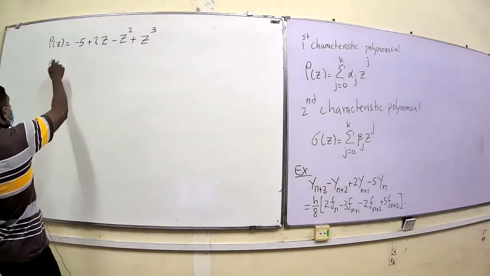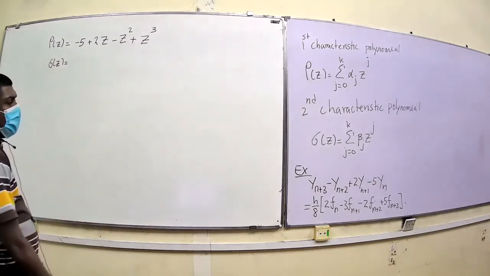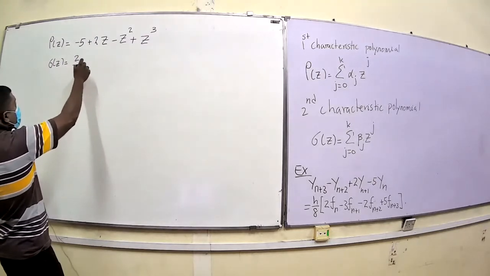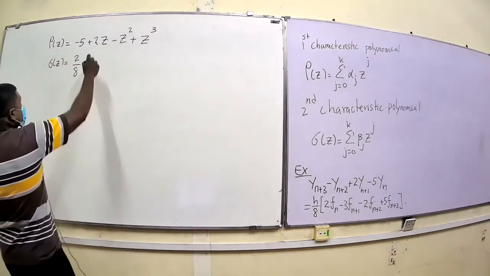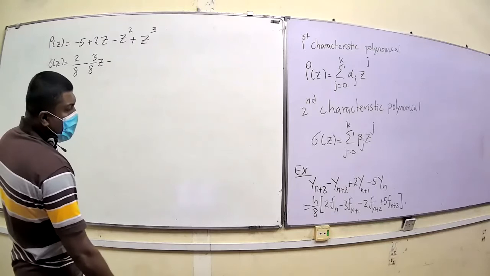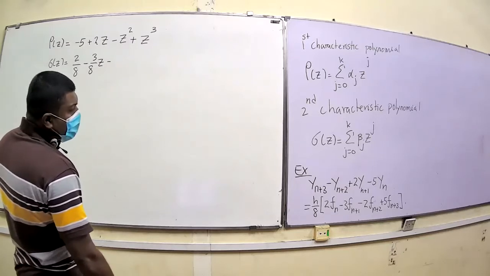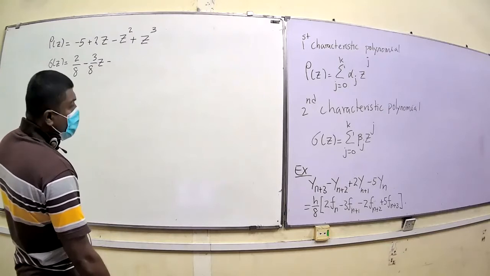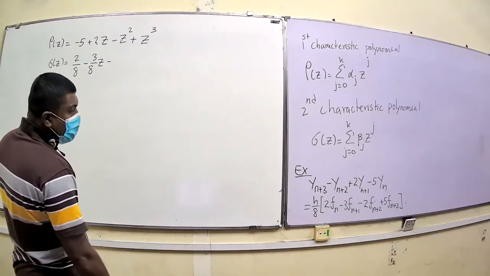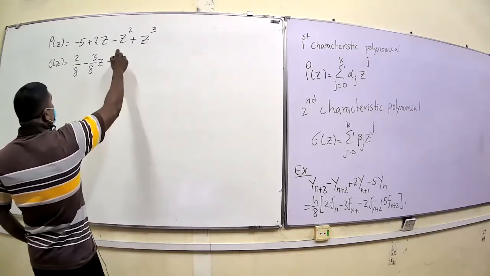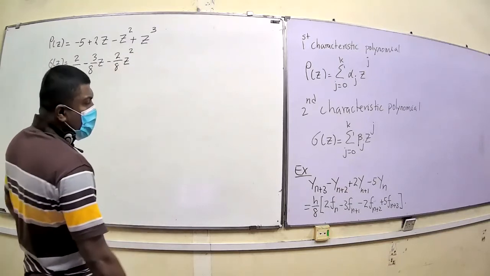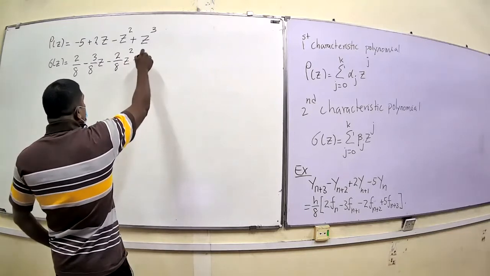Now the second characteristic polynomial is beta j times z to the power j, so 2 upon 8, minus 3 upon 8 z, minus 2 upon 8 z squared, plus 5 upon 8 z cubed.